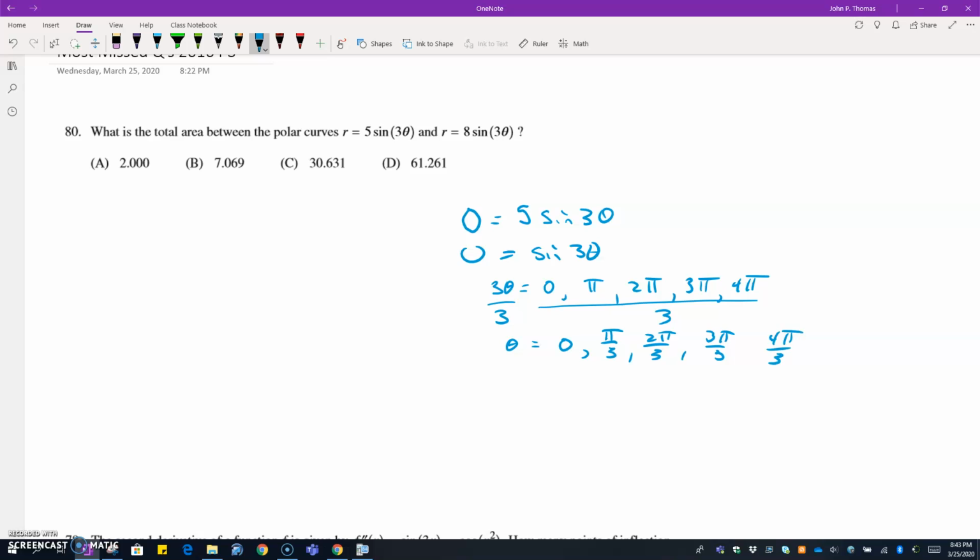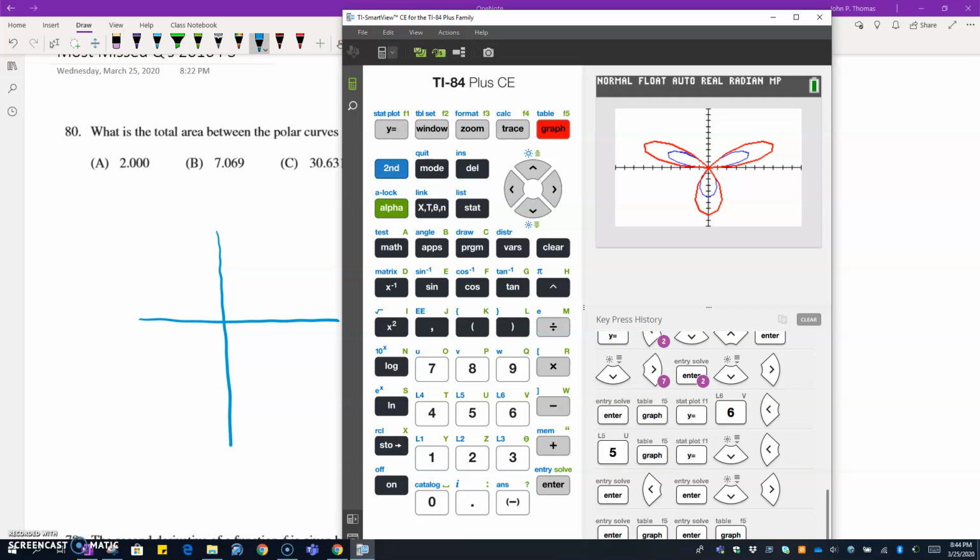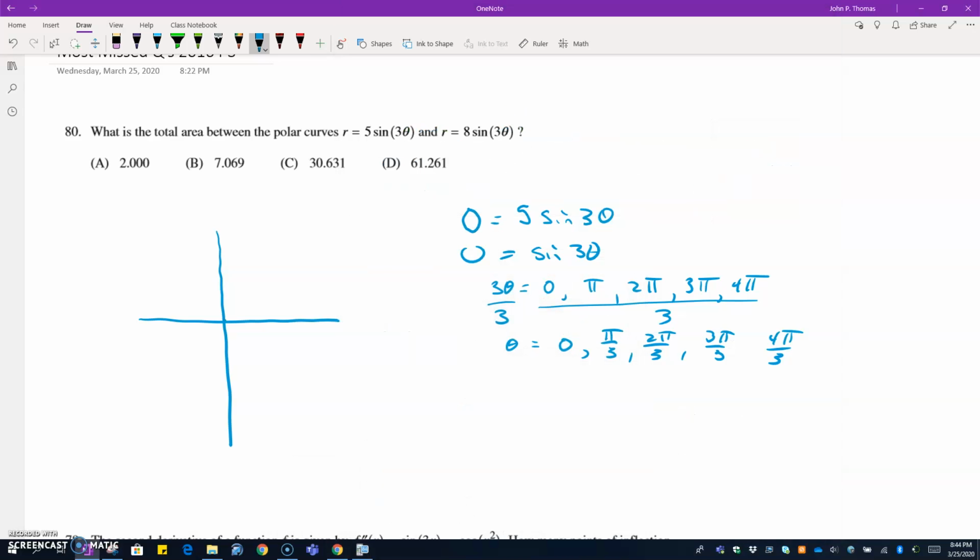Now, I'm going to think about how this would graph out. And I'd get the exact same solutions on the other function, so we can just deal with one of these, and we should be okay. If I graph, these had 3 leaves on them. So I'm going to start here. I've got a pole at 0, so I start there.